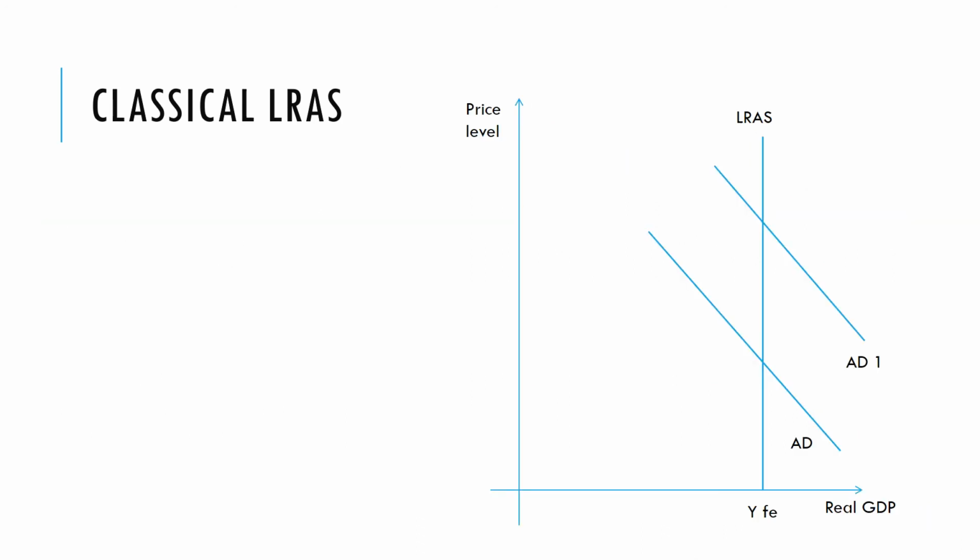So this is our long-run aggregate supply curve. And we can see that in this situation, in the long run, the level of aggregate demand will only influence the price level rather than the level of output.